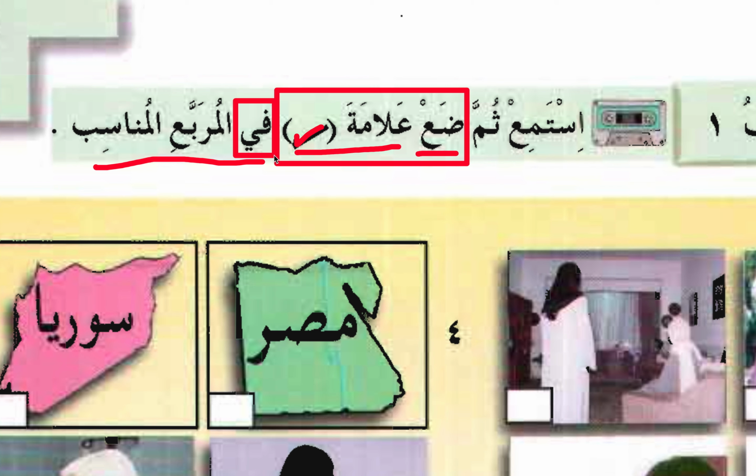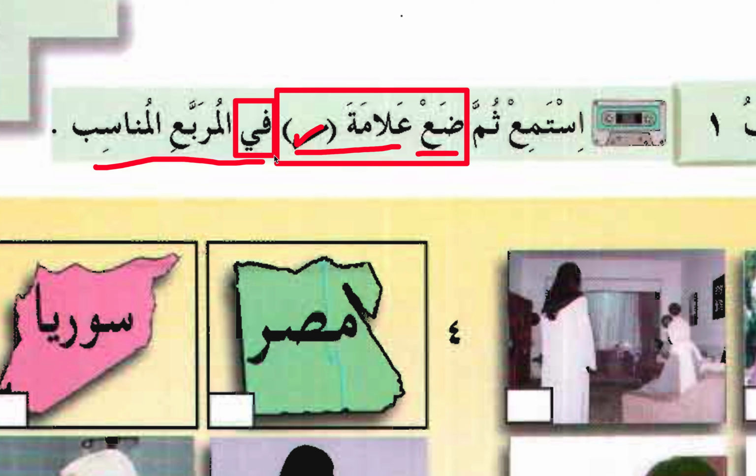Okay, so the meaning of fi is inside, okay, or in. So for example, you could say ana fi bayti, I am in my house, okay, or ana fil masjid, I am in the masjid, right, or something like that. Fi is very useful in that way. It means like in, okay.